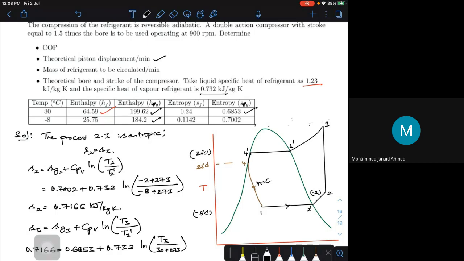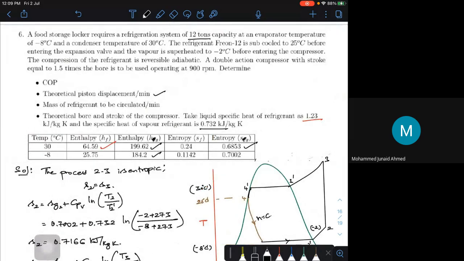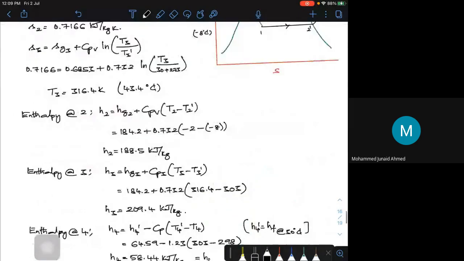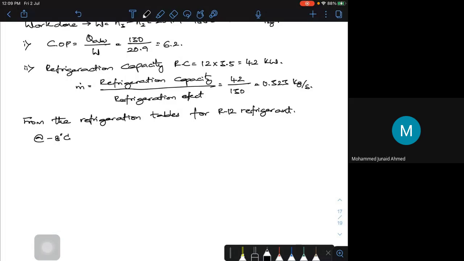So if you go to the R12, that is Freon 12 refrigerant, at minus 8 degrees Celsius at this particular point, from the refrigeration tables for R12 refrigerant, you have to refer to it. If you want, you can verify R12 refrigerant at minus 8 degrees Celsius.